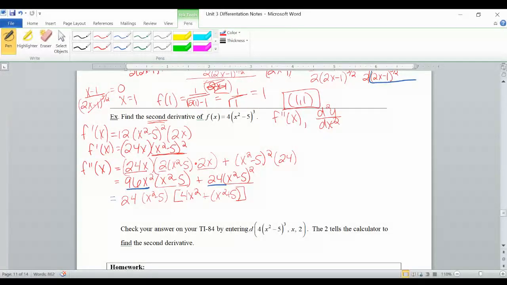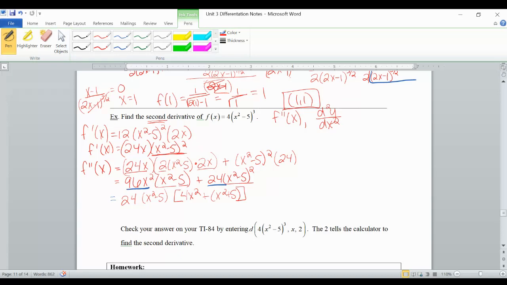So from there, I can now factor out a 24(x squared minus 5) again if I wanted to. So, oh wait, no, sorry. I already factored out a 24(x squared minus 5). All right, let's see. What can I factor out from here?